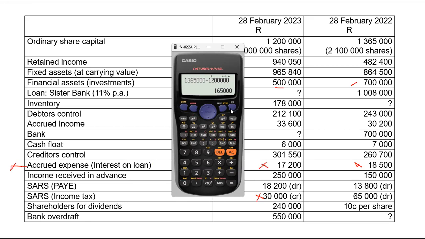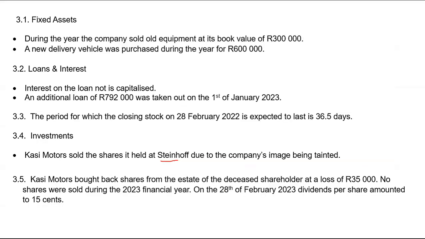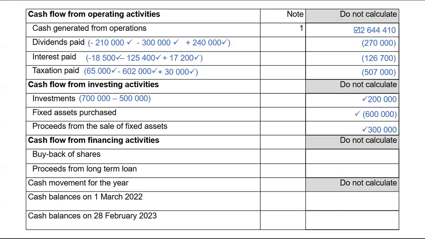Remember, when we record the buyback of shares in our ordinary share capital, we record them at average price. But here we actually bought them back at a loss. That means we bought them back for more than the average price. It was 35,000 more than the average price. We are interested in the buyback price when we prepare the cash flow statement. So to get the buyback price, I will simply take the average price plus the loss. You will put it in brackets because it was a cash outflow, right?